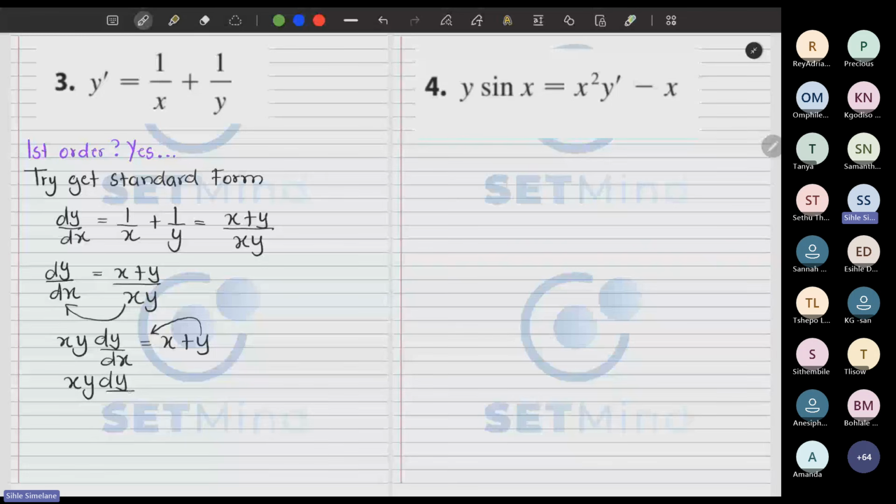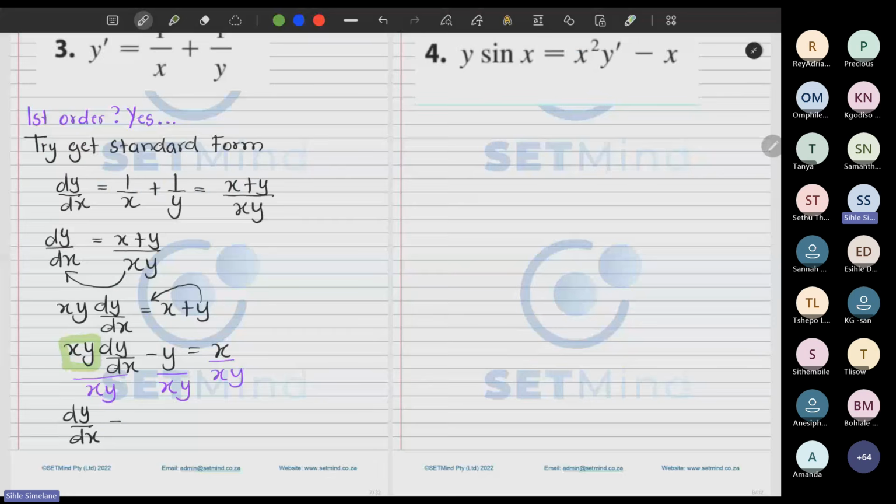So we'll divide by xy, so that we don't have anything in front. So we end up getting dy dx minus, if you observe carefully, the y's will cancel, so it will be 1 over x, equals, the x's will cancel, it will be 1 over y.